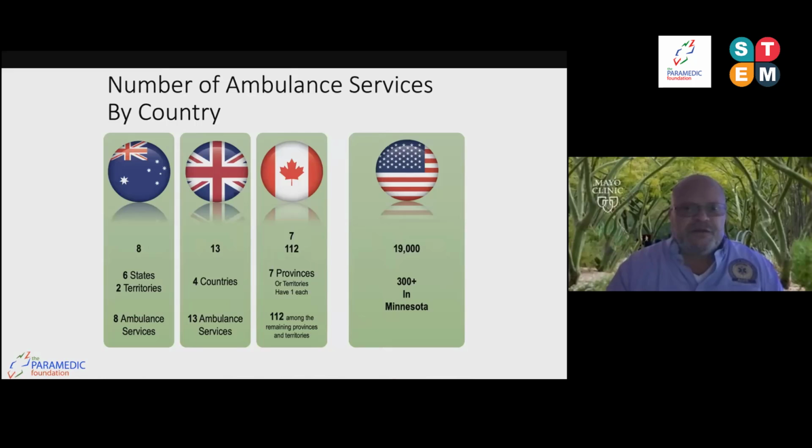In the United Kingdom, there are 4 countries involved, and they have 13 ambulance services between them. In Canada, 7 of the provinces have a provincial-wide ambulance service, and then they have one each. And then there are 112 agencies among the remaining provinces and territories.